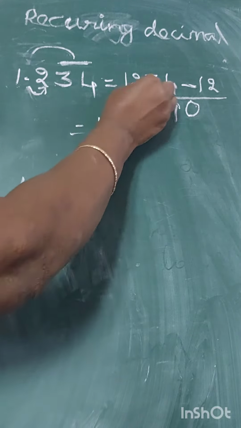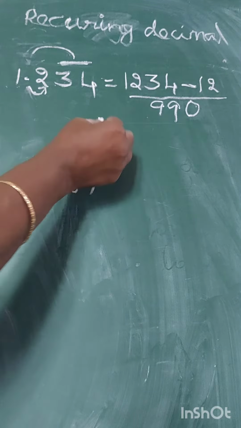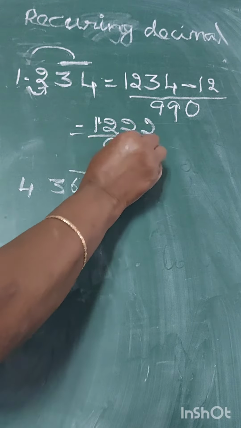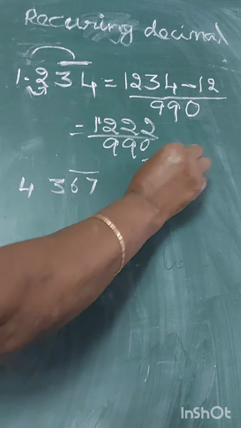So 1234 minus 12 is 1222, divided by 990 is the right answer.